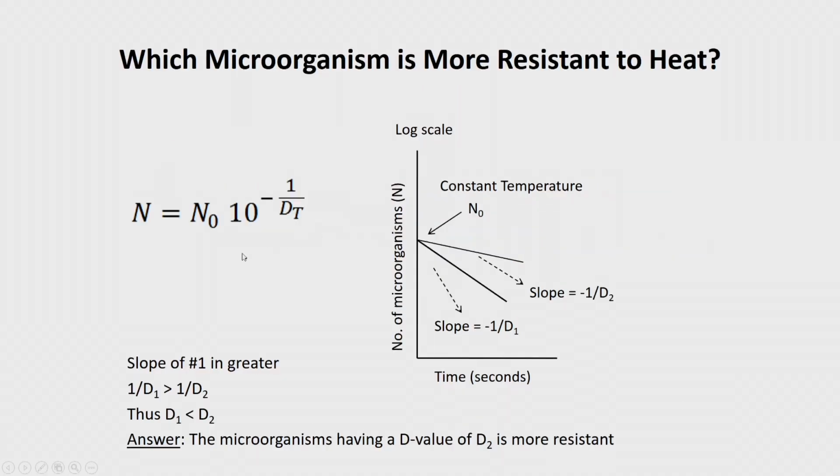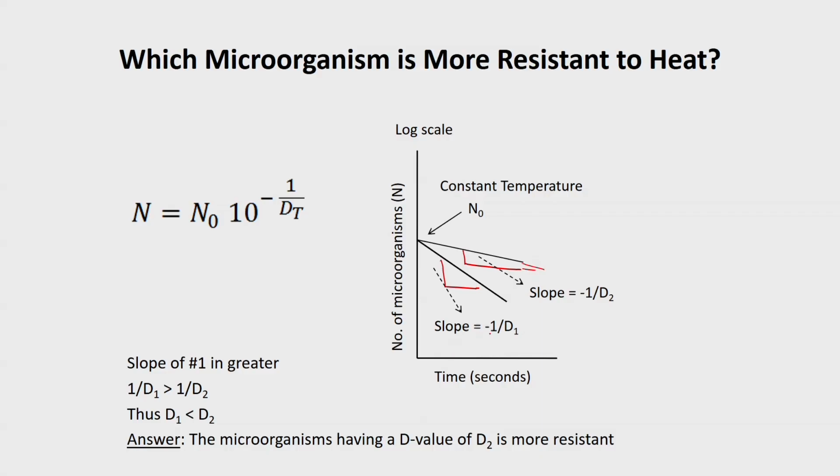Here I will be explaining you which organism is more heat resistant, right. Here if you see, your slope is nothing but minus 1 upon D1. If you calculate your slope at any particular value, for particular dy you will get more dx, right.